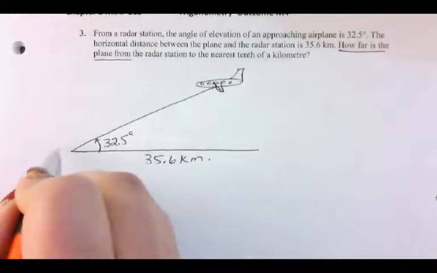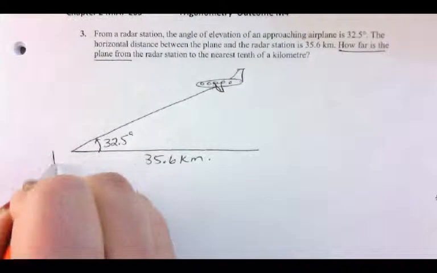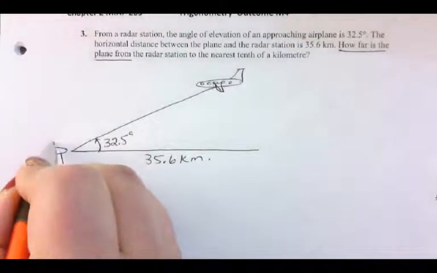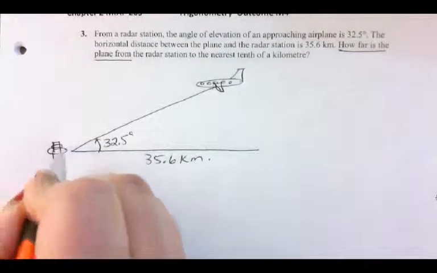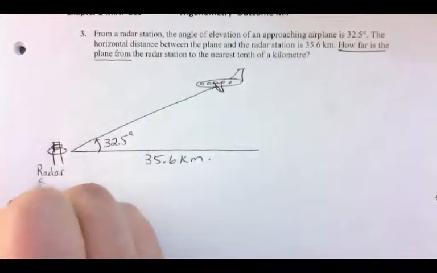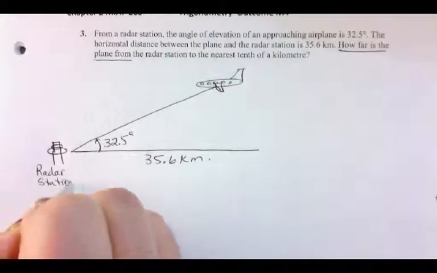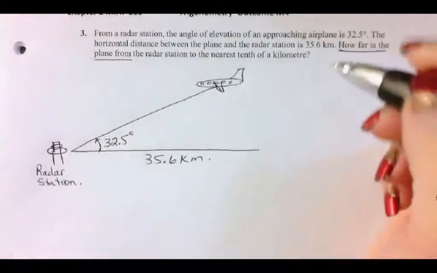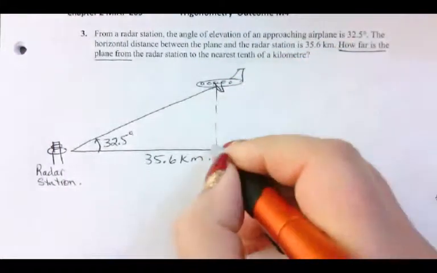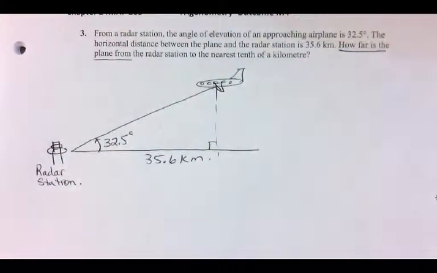So right here, this is where I need my radar station. So let's say that's the radar station. And this is where my 90-degree angle would be.